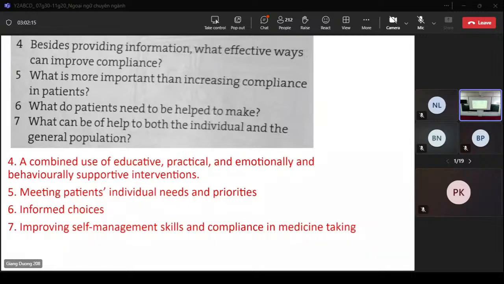Reading comprehension: concordance and compliance. Concordance is bigger and more suitable in current medication because that involves the agreements between the doctor and the patient, so the patient can make informed choices.